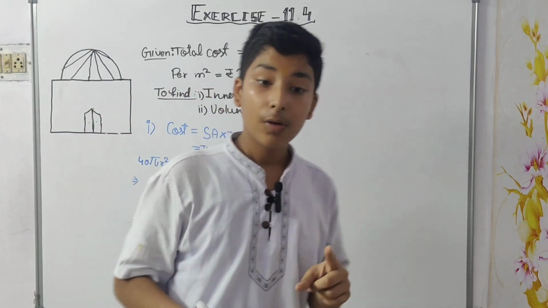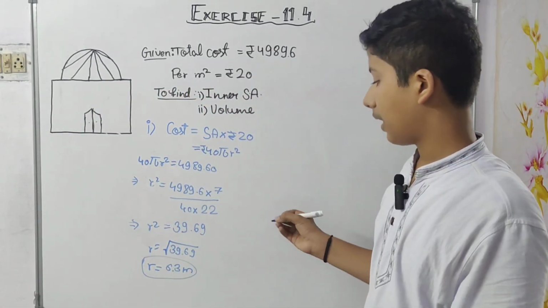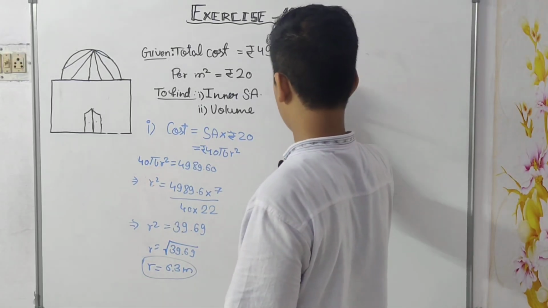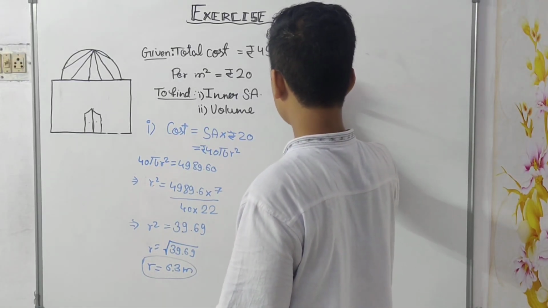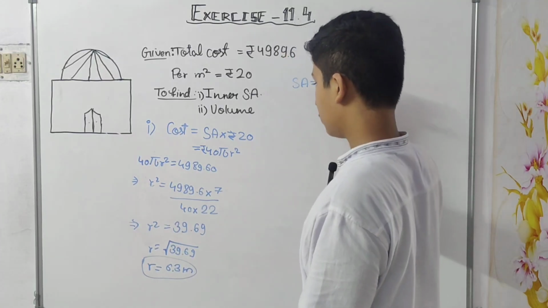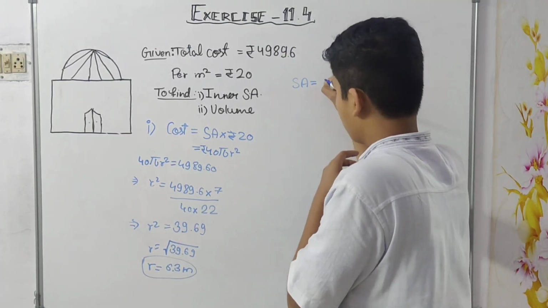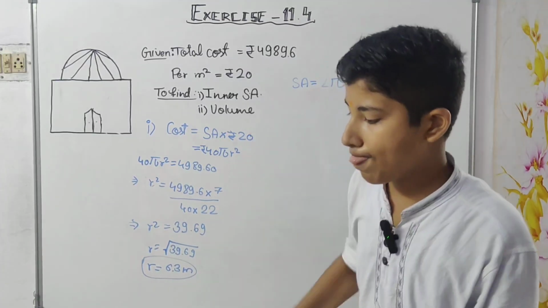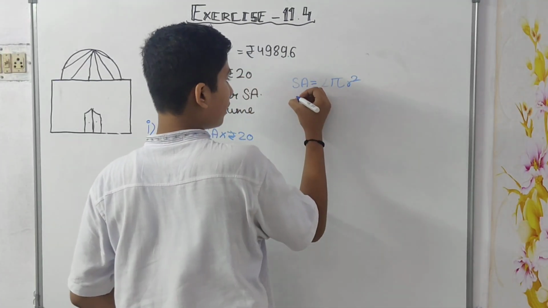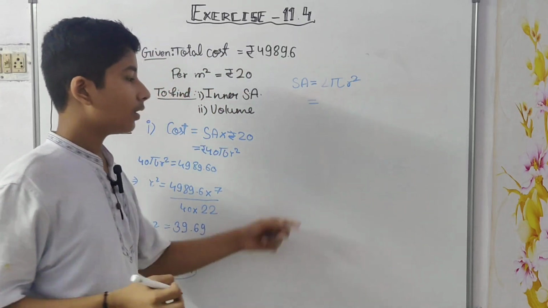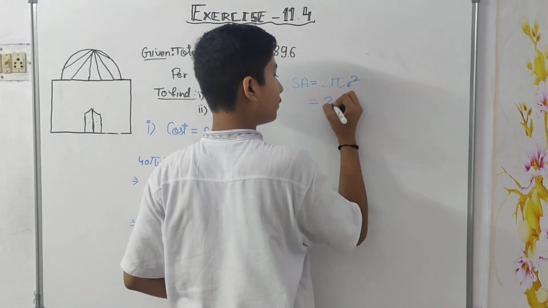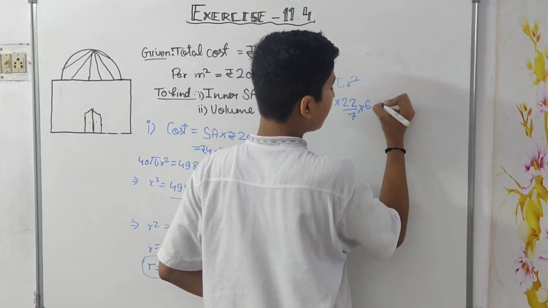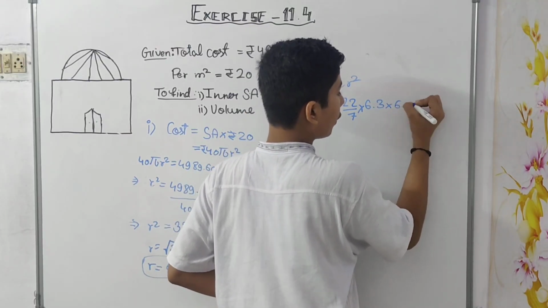Now we have to find out the surface area. Surface area is 2 pi r square, which is 2 into 22 by 7 into 6.3 into 6.3.